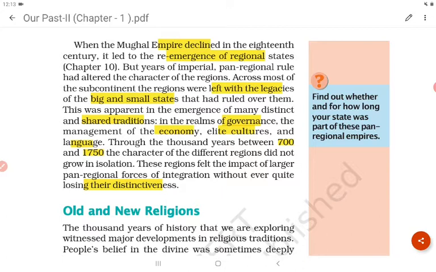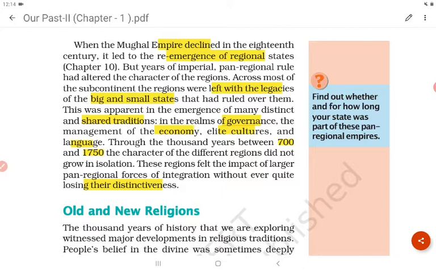This was apparent in the emergence of many distinct and shared traditions in the realms of governance, the management of the economy, elite cultures, and language.